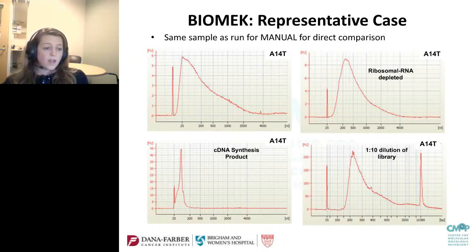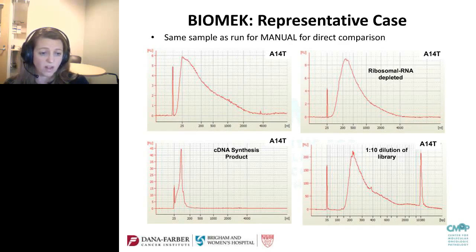Once we were confident with what we were seeing on the bench scale manual prep, we translated this across to the automated system. In our first run, we ran 8 samples in parallel on a single lane of the Biomek system, and this is the same representative sample.